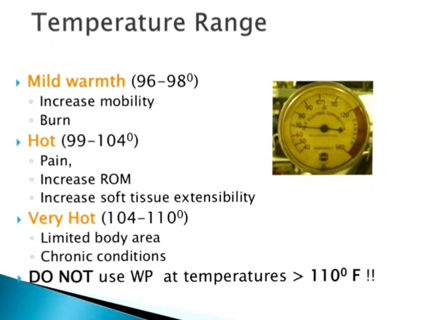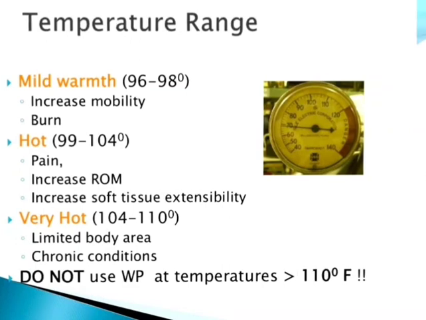Next is the temperature range if the heat treatment is given by the Whirlpools: mild warmth, hot, and then very hot. But we have to consider that we don't use Whirlpools at a temperature of more than 110 degrees Fahrenheit.